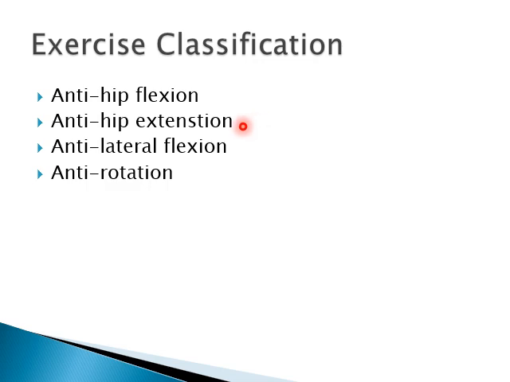If we move to anti-hip extension exercises, now we look at the opposite side of the body. As we talked about the posterior chain, this looks at the anterior chain. Anti-hip extension, think about exercises that stabilize the anterior portion of the lumbopelvic area, so your classic anterior chain abdominal exercises.